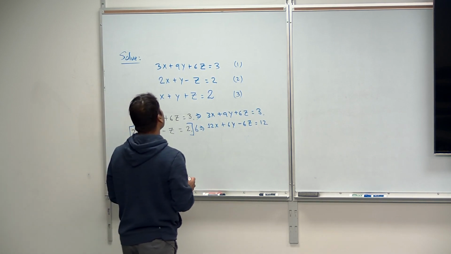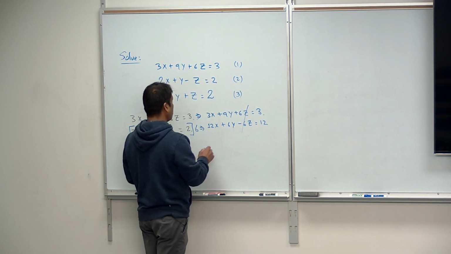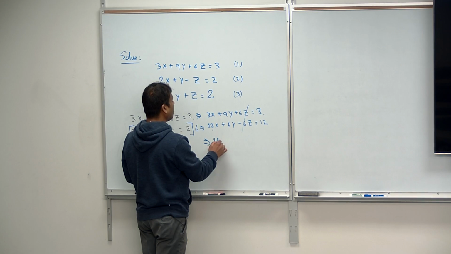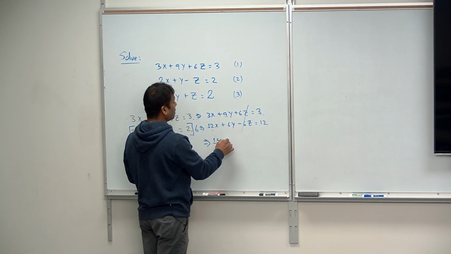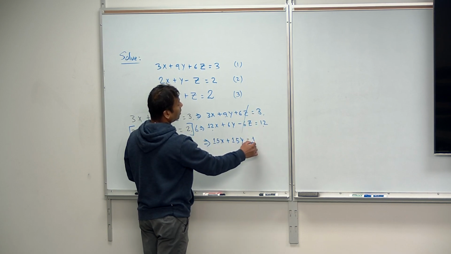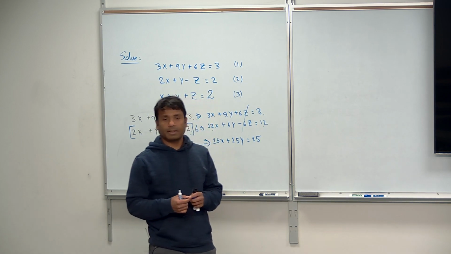So now this positive 6z and negative 6z, you cancel them. So what do you have now? 3x plus 12x is 15x plus 9y plus 6y is 15y equal to what is 3 plus 12? 15. Everywhere 15, right?